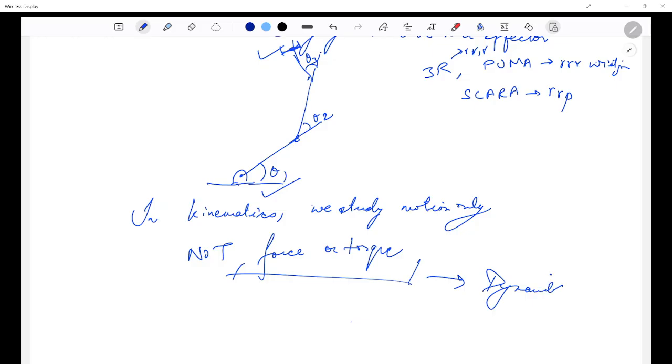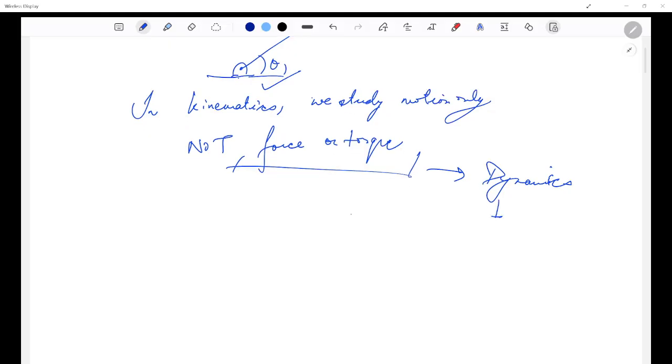But as of now we are just doing the kinematics of the robot. So if there are no dynamics, that means we won't have any mass, any inertia, any friction, any force coming in. It would just be the geometry of motion. That's it.